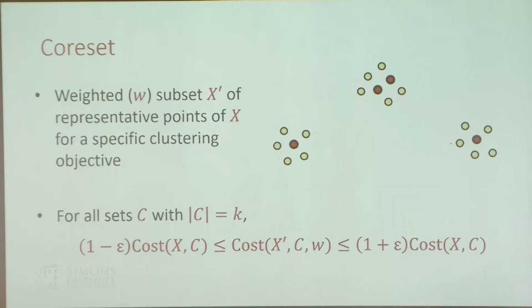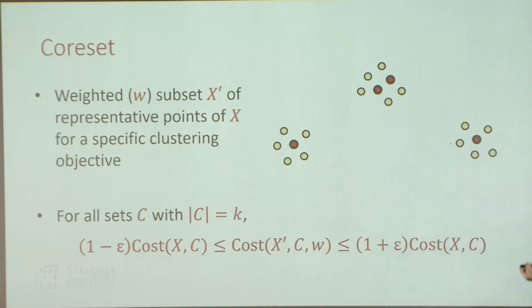So actually, we get something stronger. We get a coreset. What a coreset is, is a weighted subset X' of the represented points of X for a specific clustering objective, k-means, k-median, whatever. So let's suppose that these are all our input points.